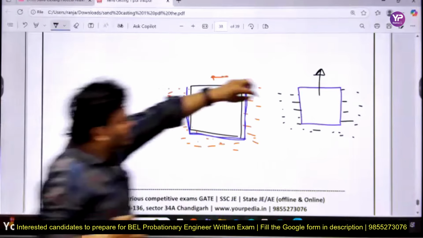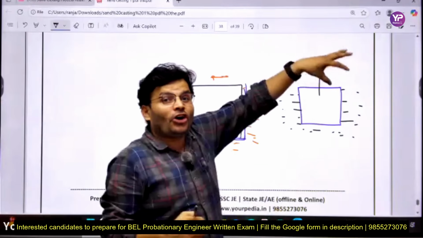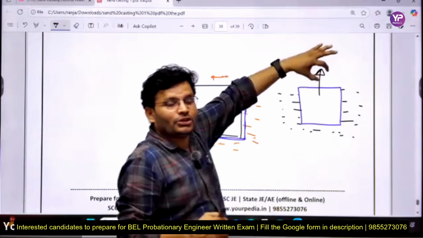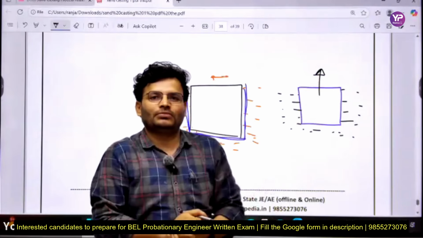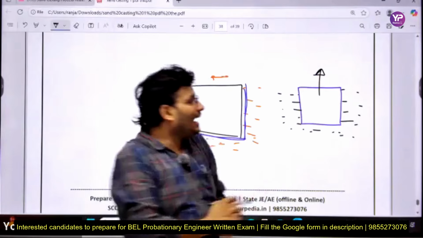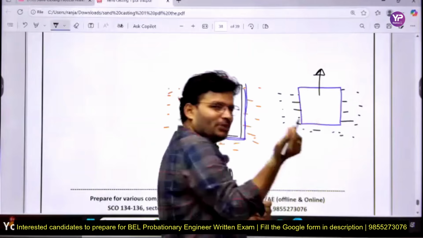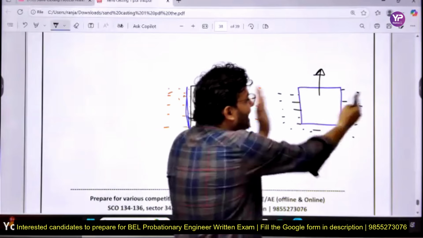Can you take it directly out from the sand? No, sir. A lot of problems you can create if you take it out directly. So what can I do? I can wrap it a little bit, a very small amount, because the sand is tightly packed.